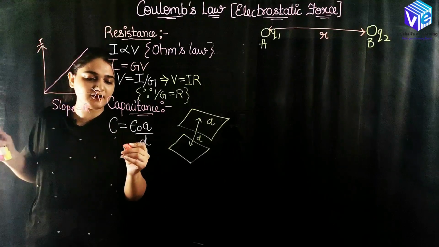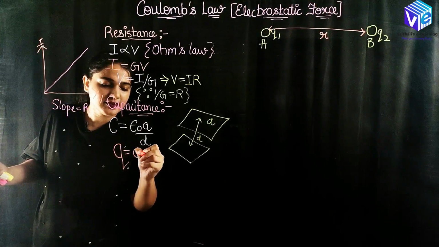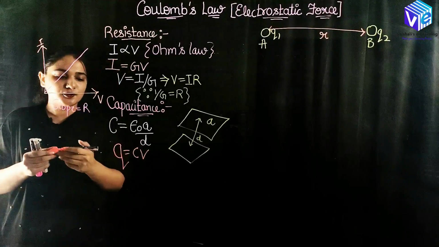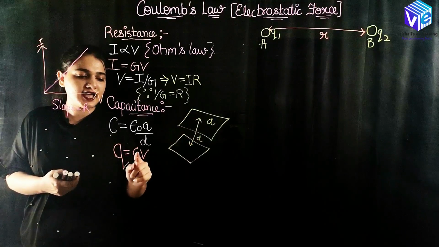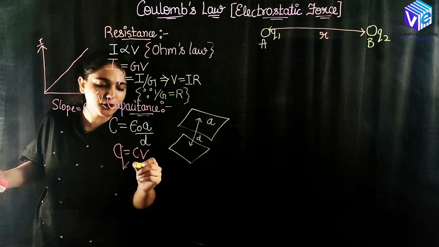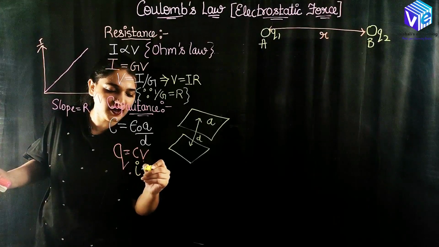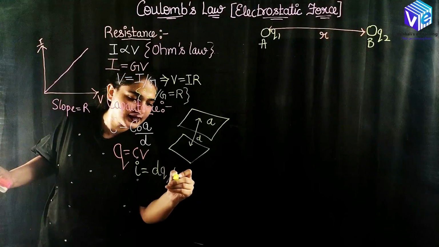Now here, if I give another relationship, Q is equal to CV. This is the relationship between the charge on these plates and the voltage applied across these plates. Now I know that I is dq upon dt.